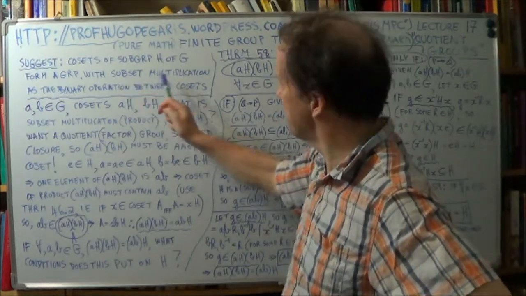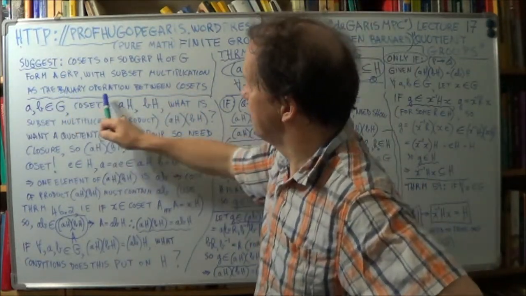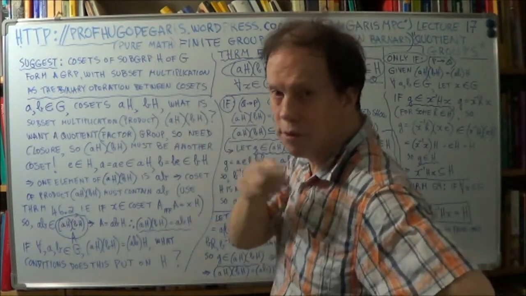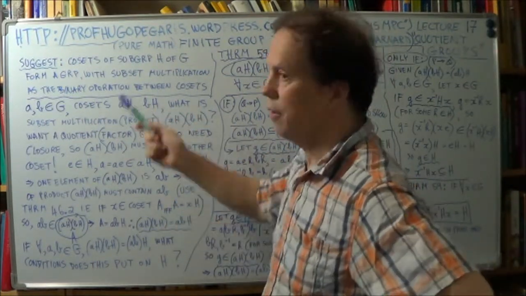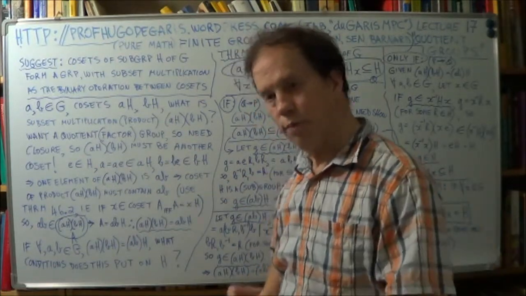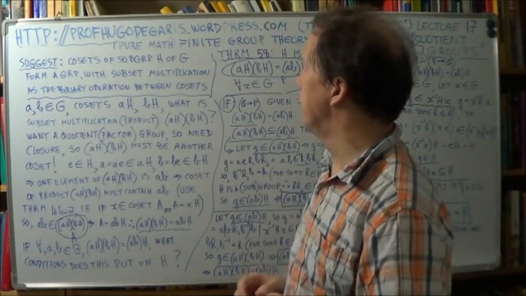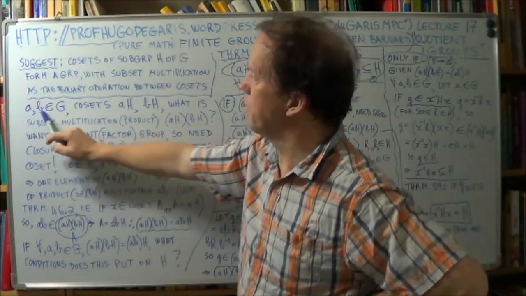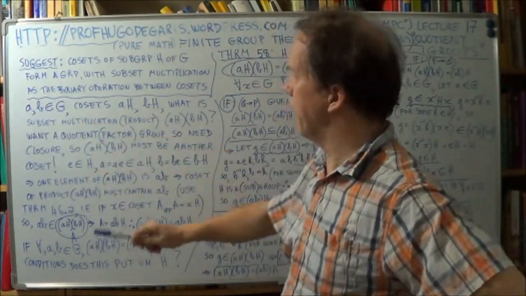Your subset multiplication is your binary operation on two cosets to form your group table of your quotient group. Right?